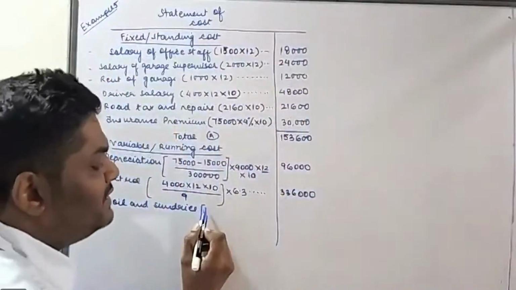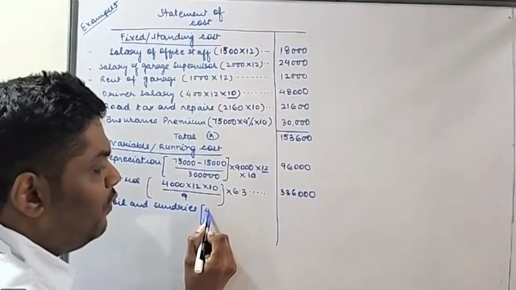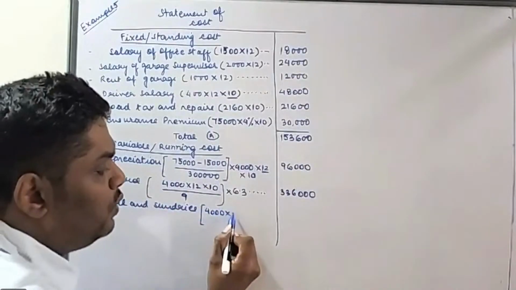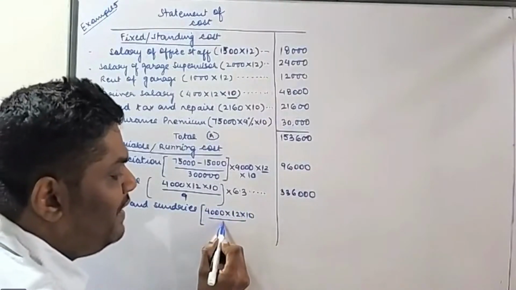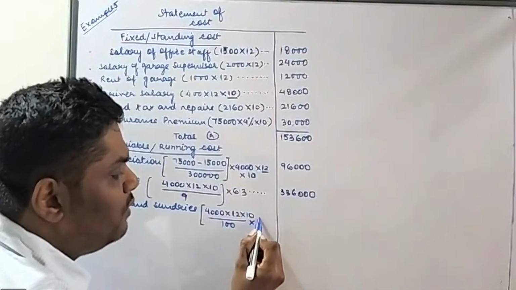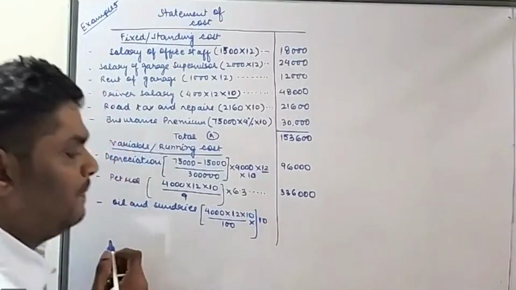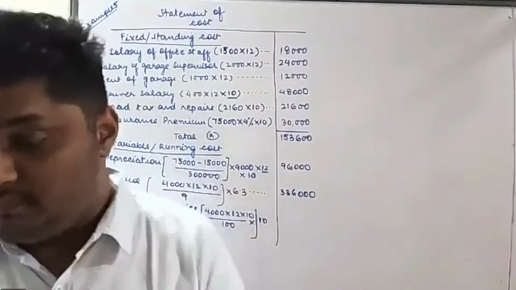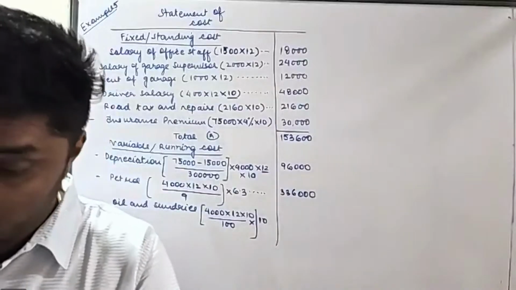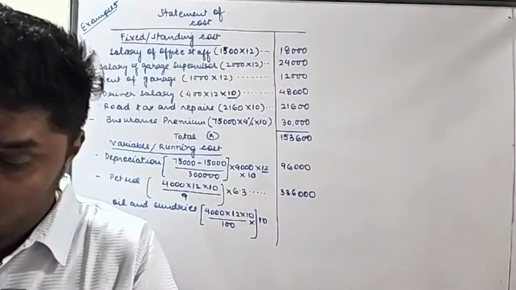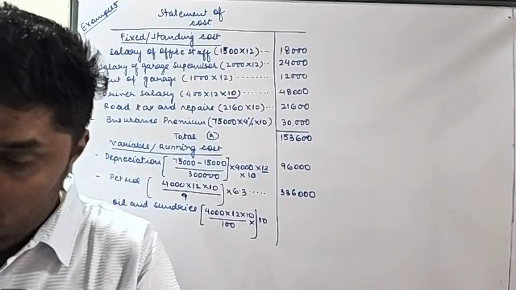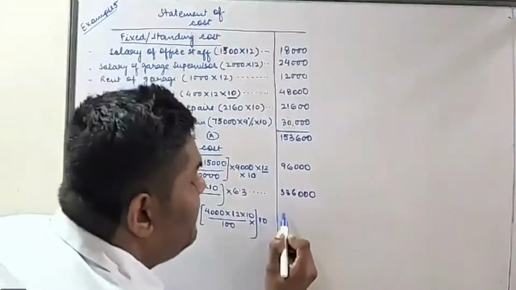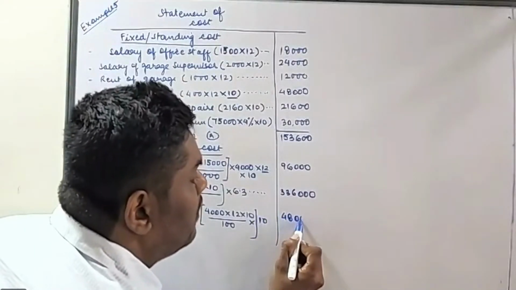So the total distance traveled is how much? 4,000 into 12 into 10. Now for every 100 kilometers, the cost is how much? 10. So this will be 48,000.